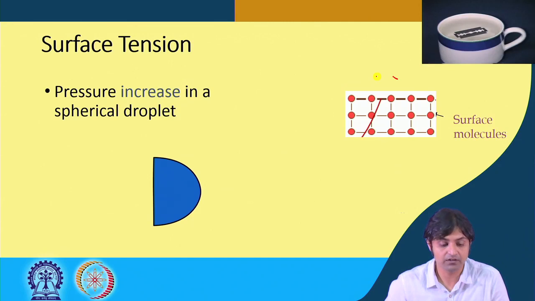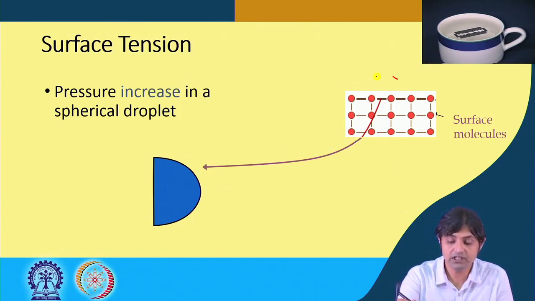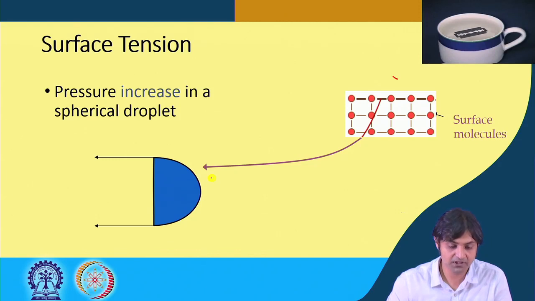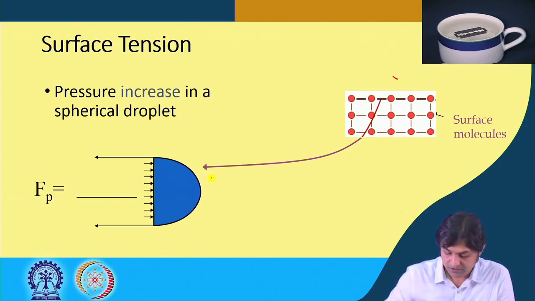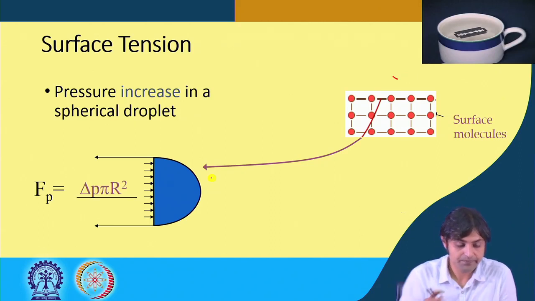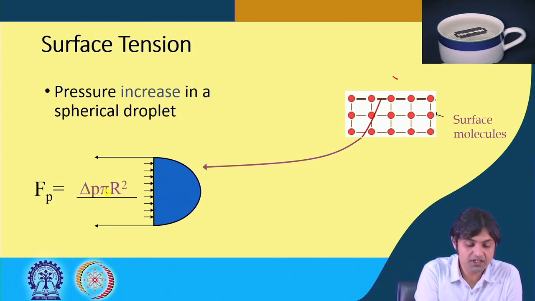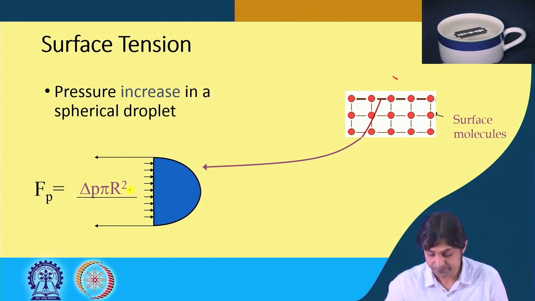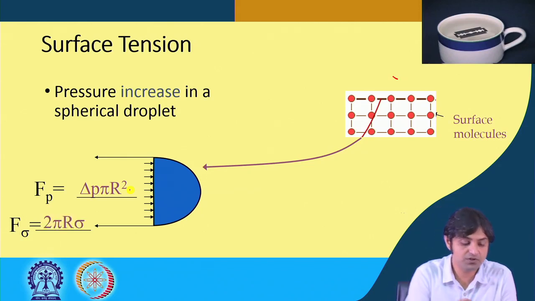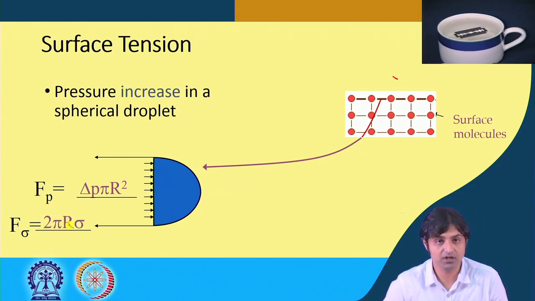If you look closely at the area between these two molecules that we are enlarging and zooming, there are two types of forces. There will be a force delta P into pi r square due to the pressure difference, and the force of surface tension that will be resisting is 2 pi r into sigma.